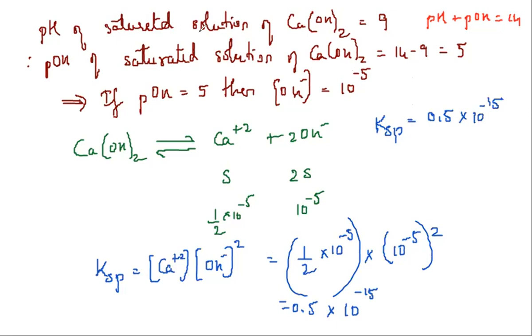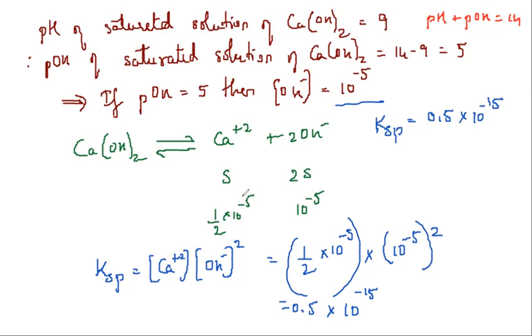Understood? The pH is given for calcium hydroxide, and we know that calcium hydroxide is a base. So pH is 9, then pOH will be 14 minus 9, which is 5. If pOH is 5, then the OH minus ion concentration will be 10 raised to minus 5. On dissociation, if S is the solubility of calcium ions, it will be the same for OH minus with the coefficient 2, so 2S is 10 raised to minus 5.